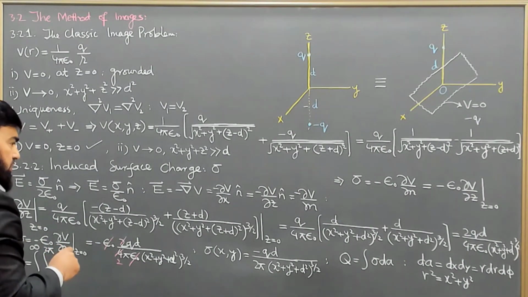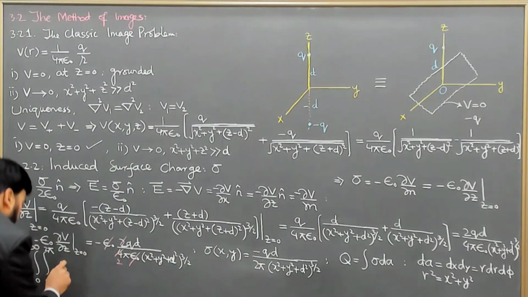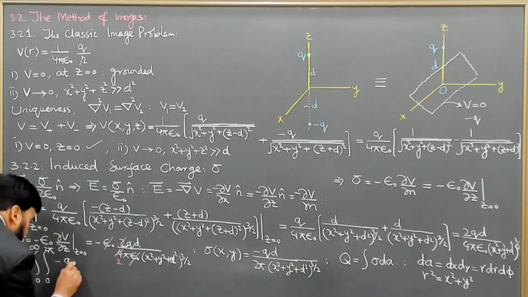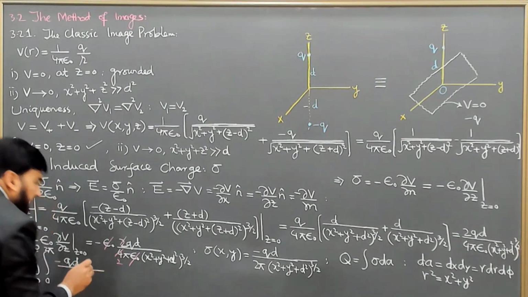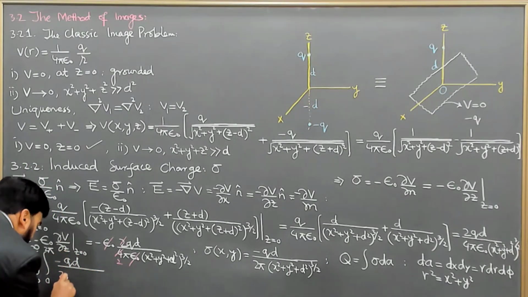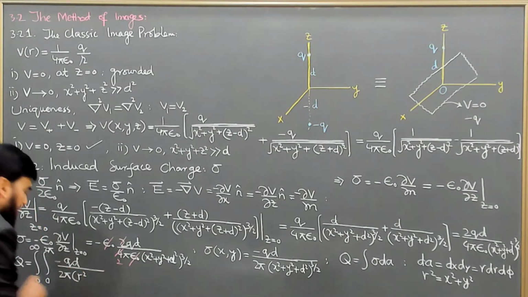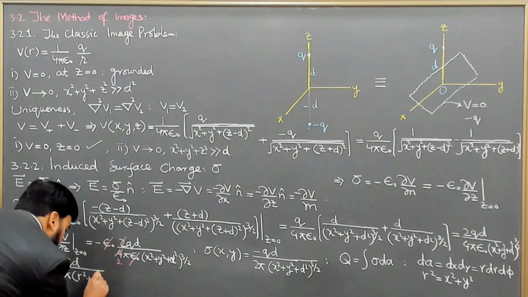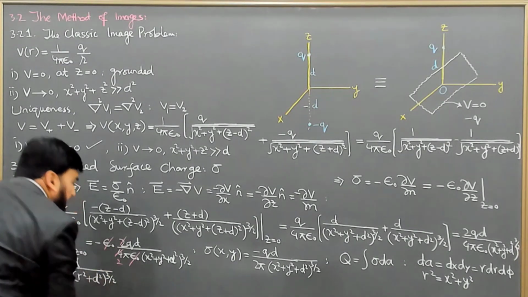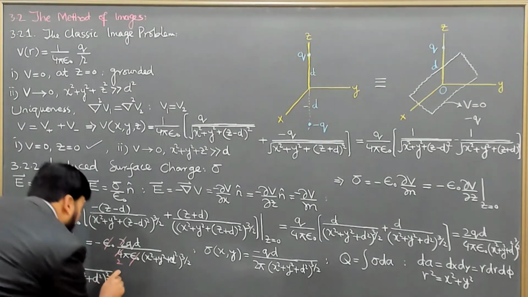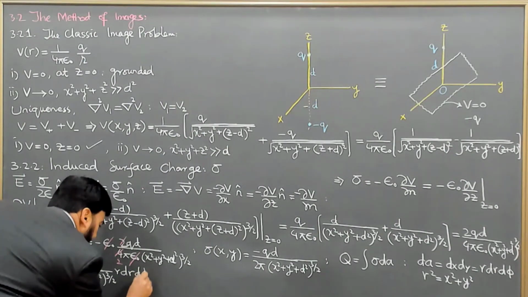So this is minus qd divided by 2 pi, and x square plus y square I am writing as r square, then d square to the power 3 over 2, while the dA I will write as r dr d phi.